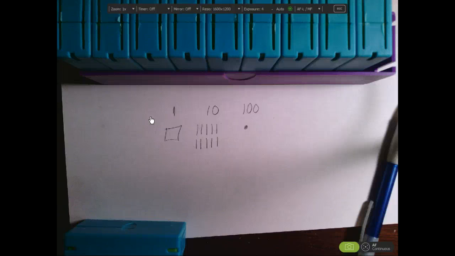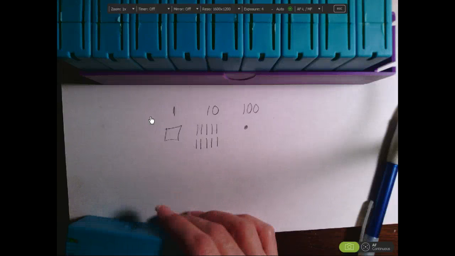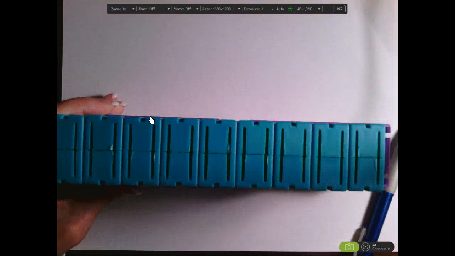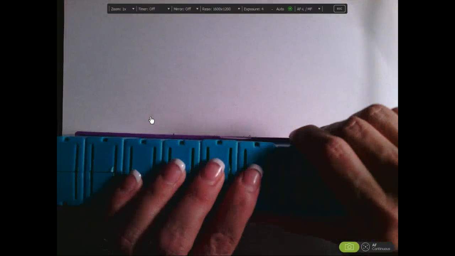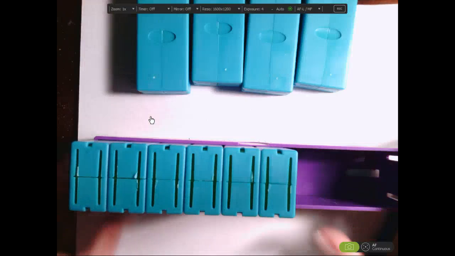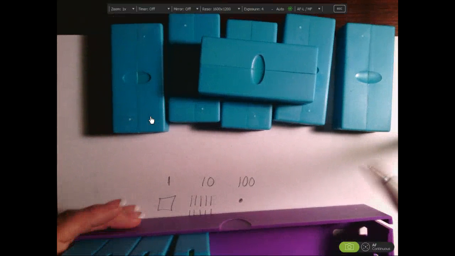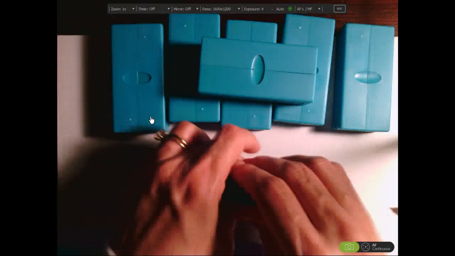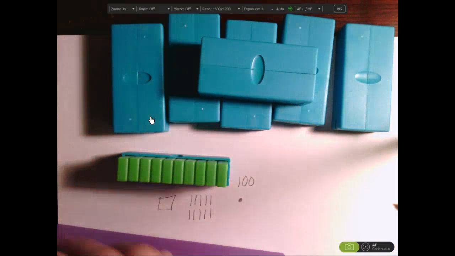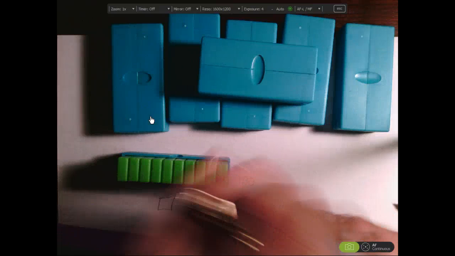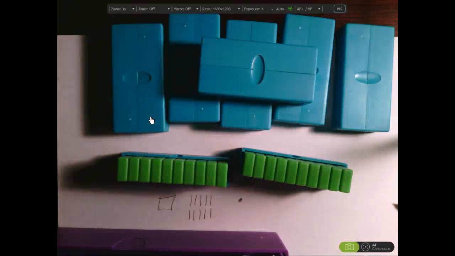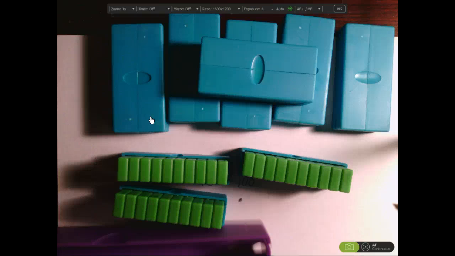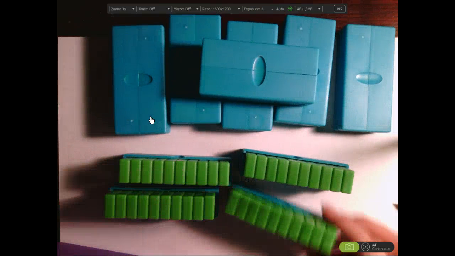If you came up with another way, congratulations. I'm going to show you a few other ways that I came up with. What if, let's say we have 10, 20, 30, 40, 50, 60. So there's 60. And then if I broke all of these apart, and I won't take them out, but we'll pretend those are ones, and there's some ones, and here's some more ones, and here's some more ones.